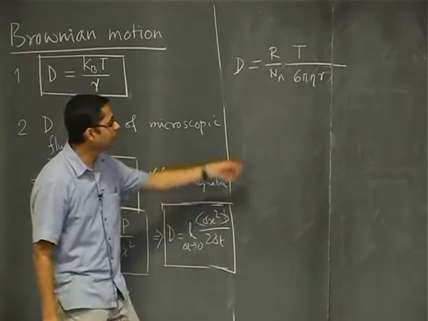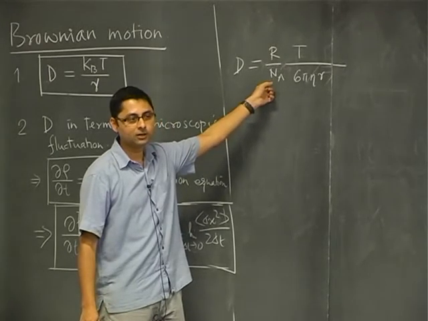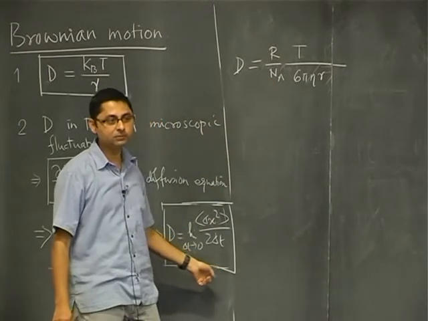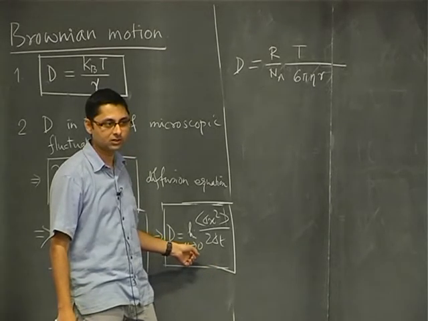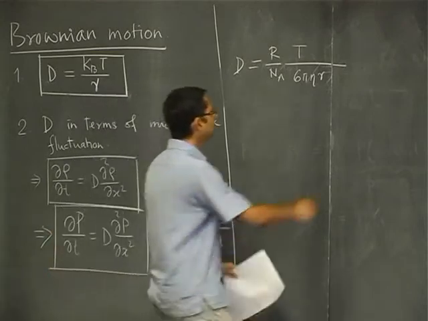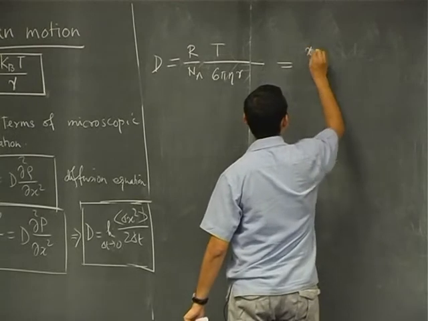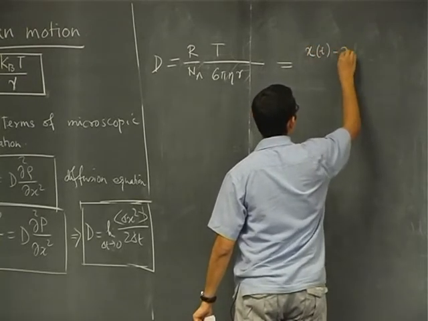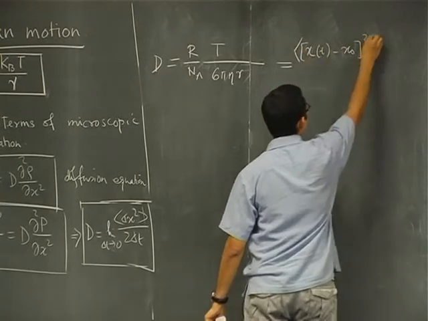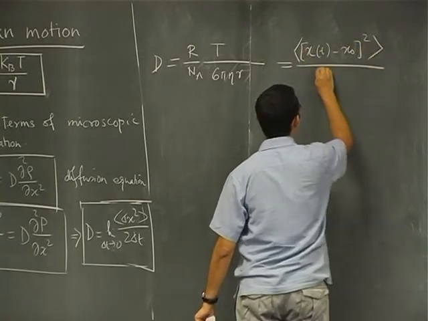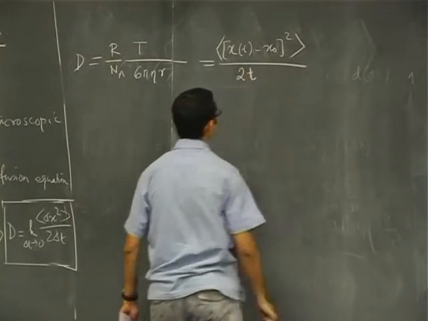And I said that this is the definition of the diffusion coefficient. But then I have given you an exercise to show that this is even true for any delta t. It need not be in the limit delta t goes to 0. So therefore, I can also write this as the expectation value of (xt minus x0) whole squared divided by 2t.